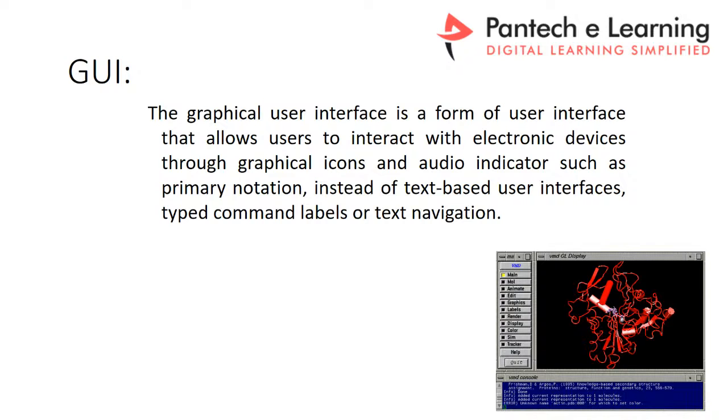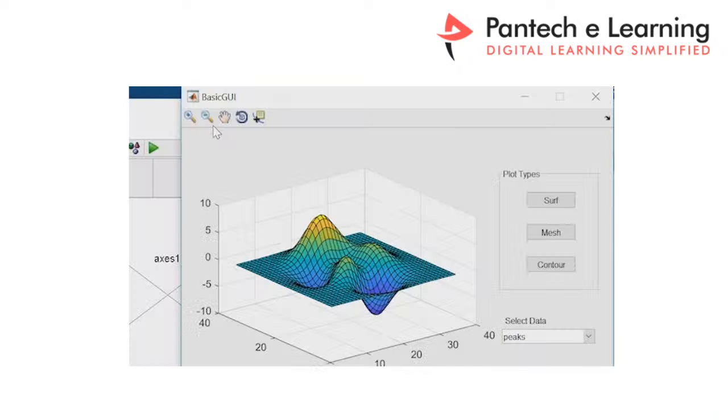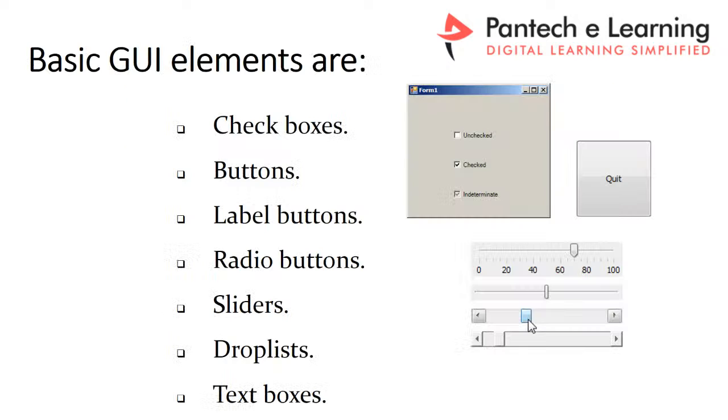Based on that, this particular GUI will work. Whenever we create a GUI in MATLAB, the first window you see is the output of the particular GUI function, and behind that is the workspace of the GUI designing. In this way we will be able to design a GUI.